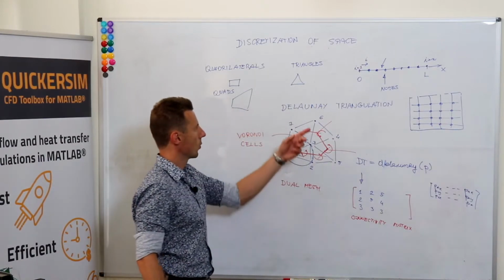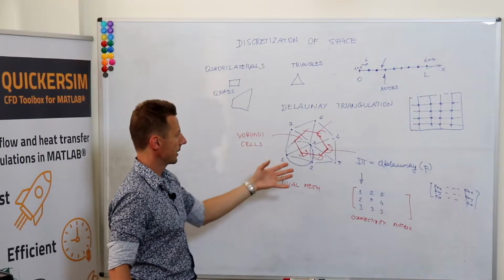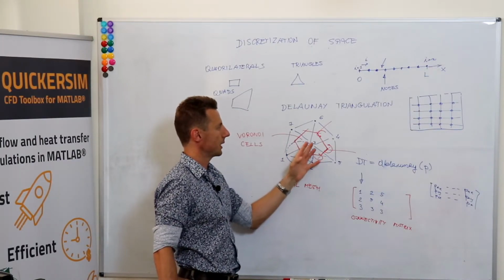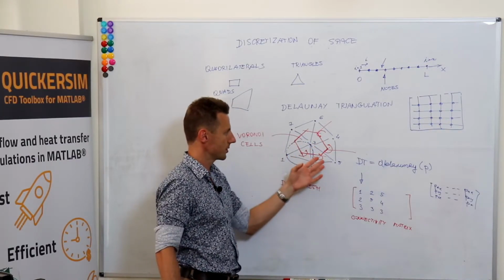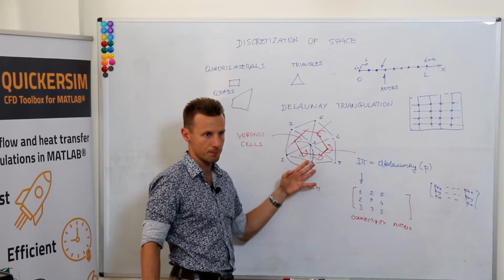One more comment on the Delaunay triangulation is that it takes as the argument a set of points, and it always generates a convex triangulation.